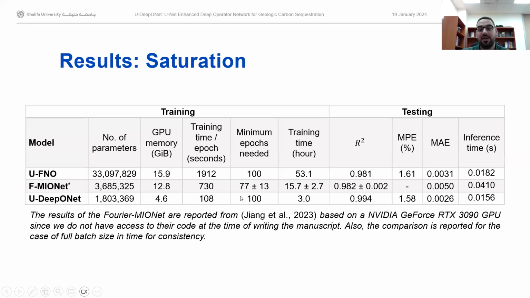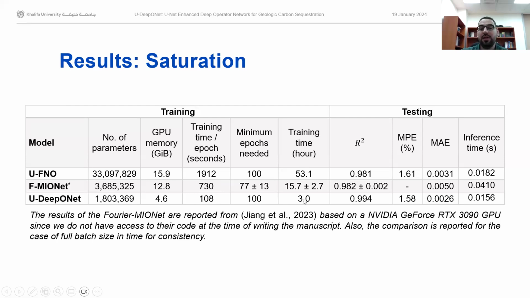So it's a substantially faster GPU, yet the U-DeepONet is significantly faster in training compared to both the UFNO and the Fourier MIONet. So this contributes to the total training time, where the UFNO for the saturation dataset takes about 53 hours, again on the V100 GPU.